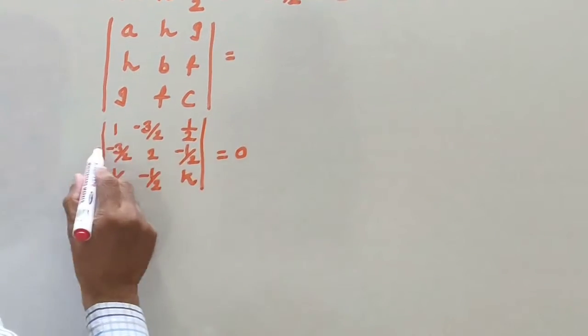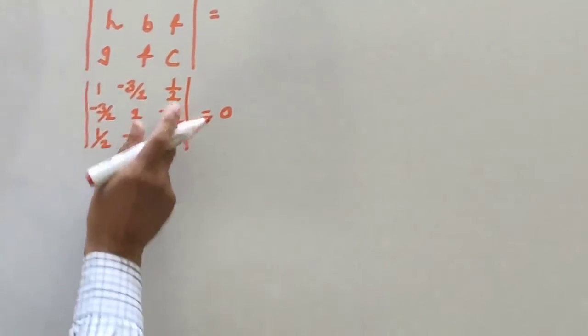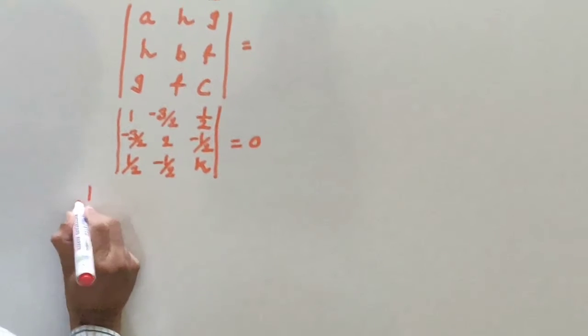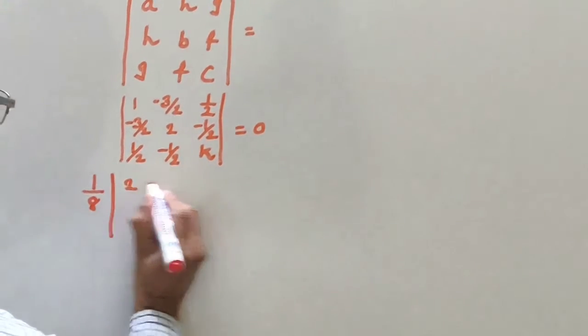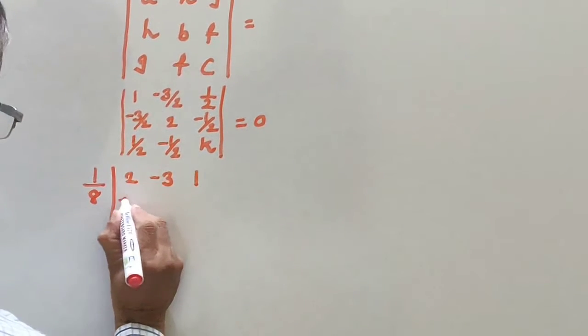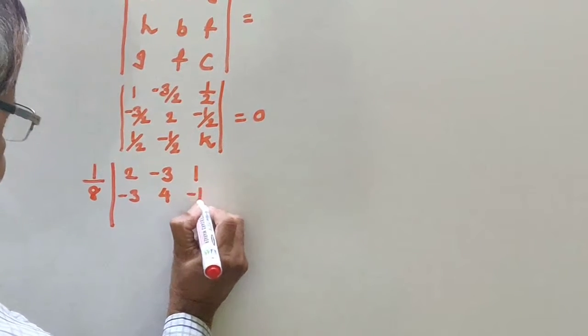Now when I observe all the rows, I can take out 1 by 2 common from each of them, so I can write 1 by 8 here. 2 will come here, this will be minus 3, this is 1, this is minus 3, this will be 4, and this is minus 1.